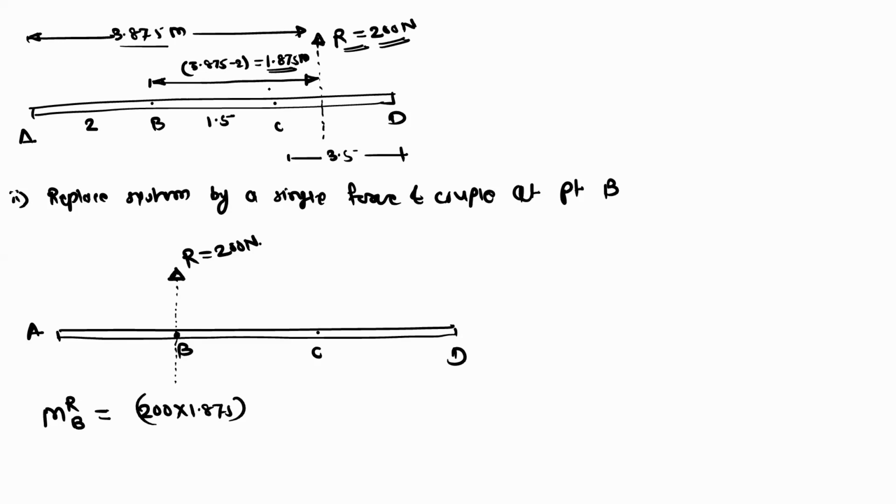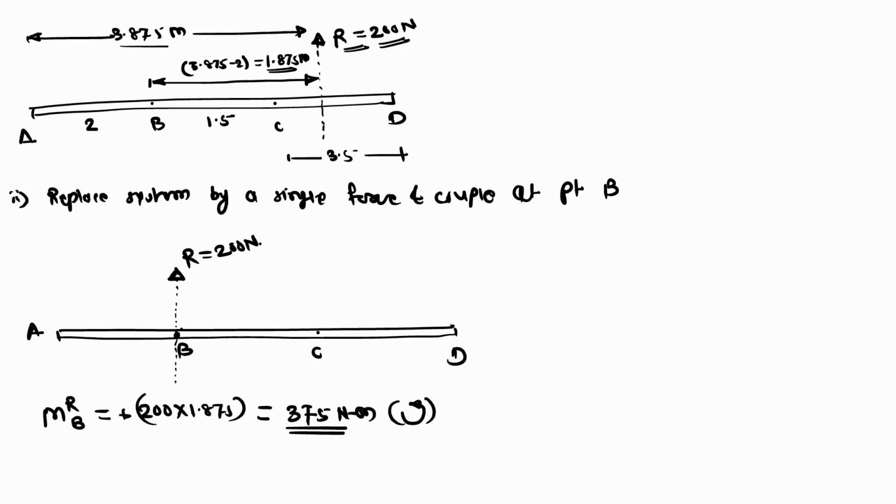And this moment will be anti-clockwise about the point B, so it will be positive. So this is equal to 375 Newton meter. Okay. And this is anti-clockwise.